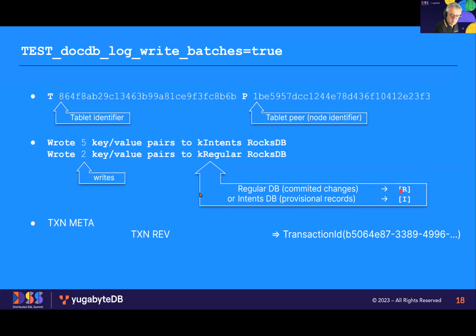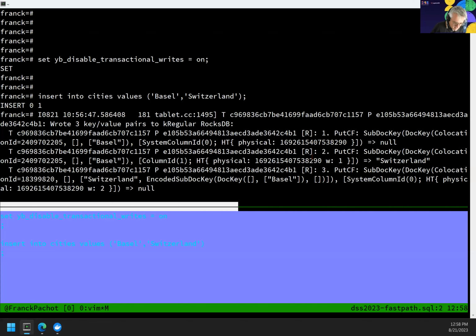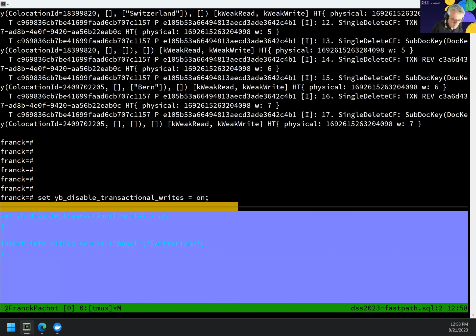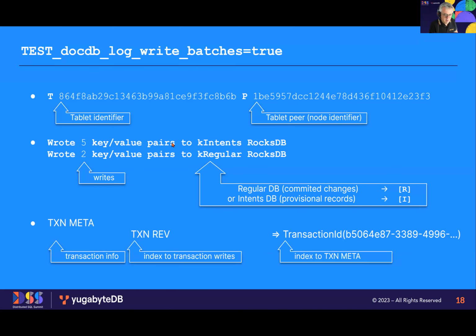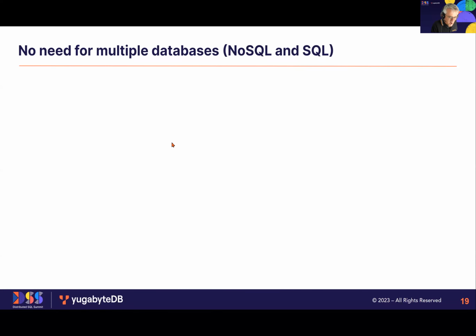And you see the details that mention R or I. This is regular DB. And before this was IntentsDB. Okay. And you see some additional writes, but they are close to each other. So in memory, but transaction reverse index, so that the transaction knows which writes have to be cleaned up when they are applied to regular DB.